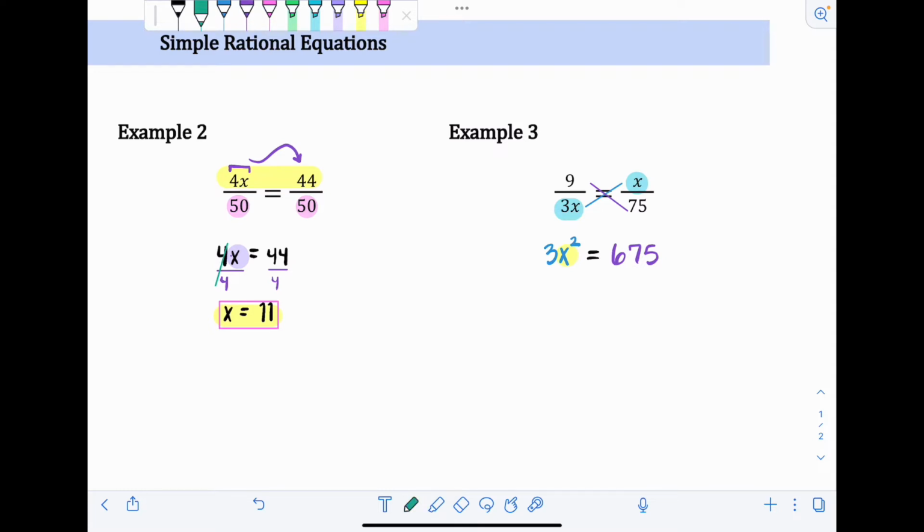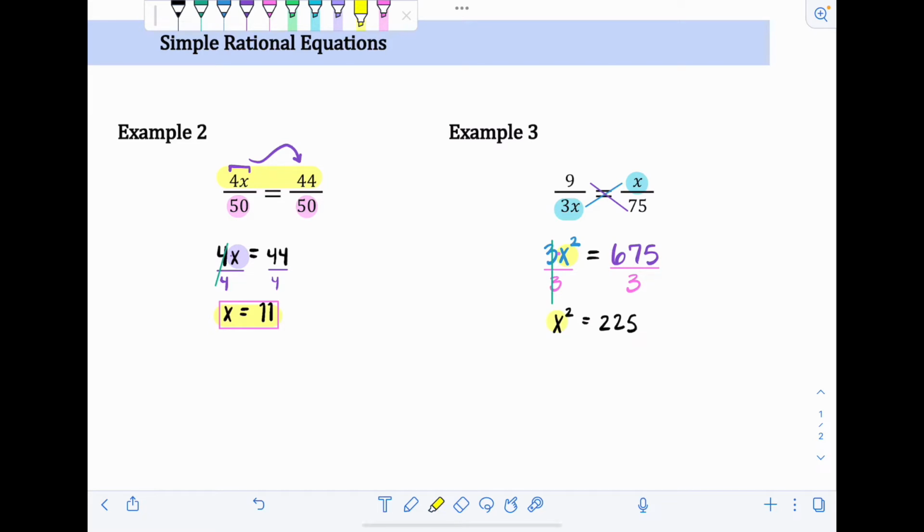To cancel it out, I can divide both sides by 3 because that 3 is being multiplied by the x, and division cancels out multiplication. So 3 divided by 3 goes away, and I'm just left with x squared. And 675 divided by 3 is 225.